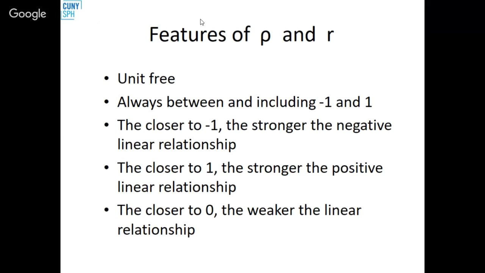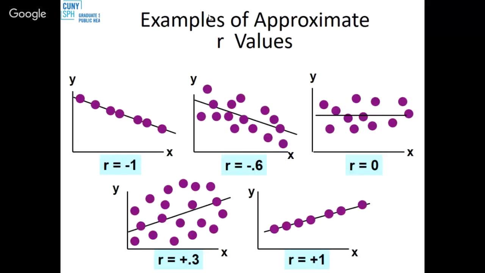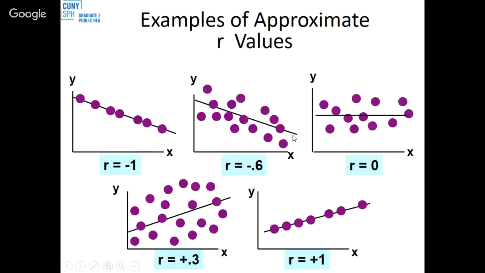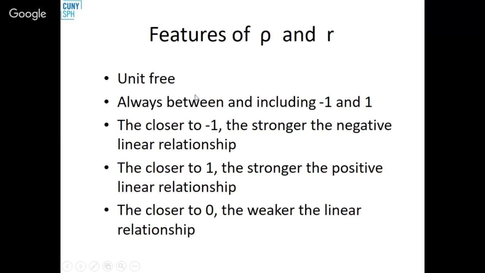So both rho and R are unit free, so it doesn't matter whether you are talking about pounds, about milligrams per liter, or what you're talking about. Because they are ratios of measurements to standard deviations, numerator and denominator have the same units, and the correlation coefficient has no units.